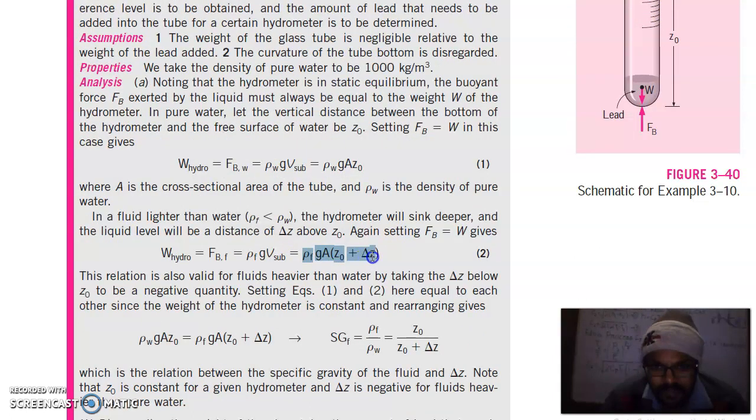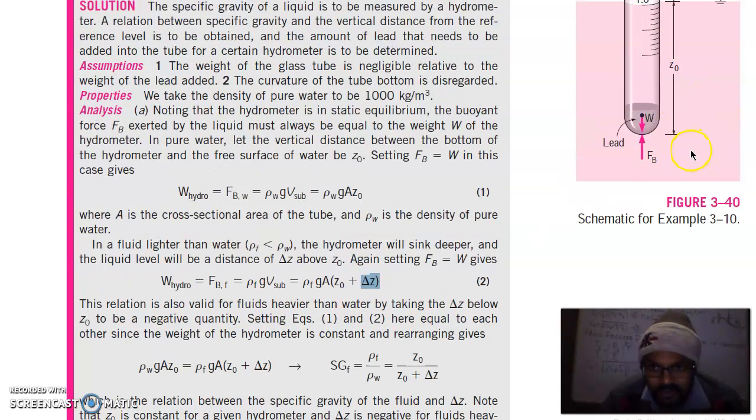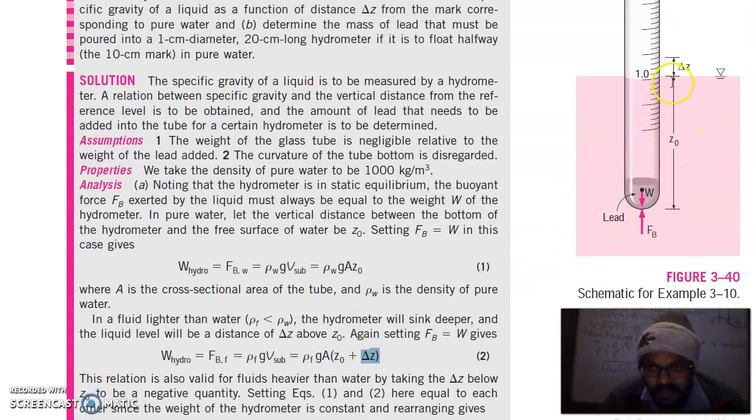This relation is also valid for fluids heavier than water, but taking del Z negative. If the liquid is heavier than water, definitely the hydrometer will go in the upward direction. In that case, Z0 minus del Z will be this height of the hydrometer.